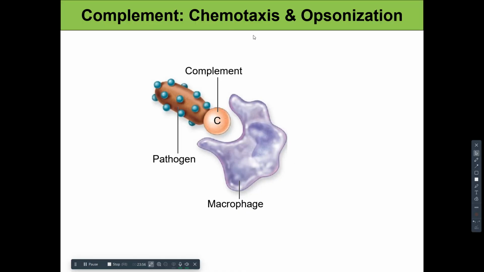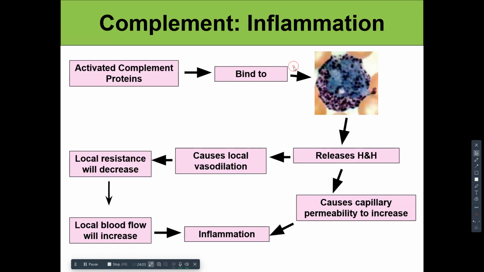Okay, so the C and the O, chemotaxis and opsonization, are the first 2 functions in that COIL mnemonic. The I is for inflammation, because activated complement proteins bind to this guy.